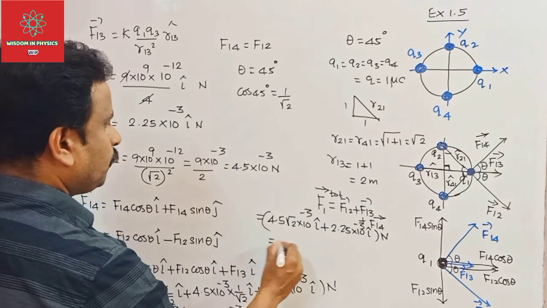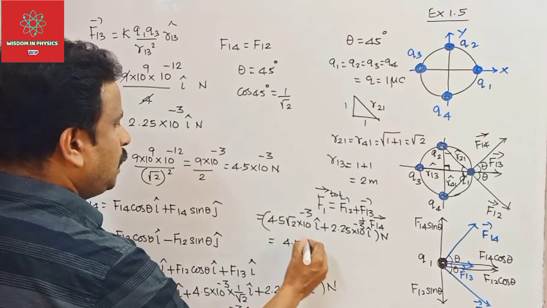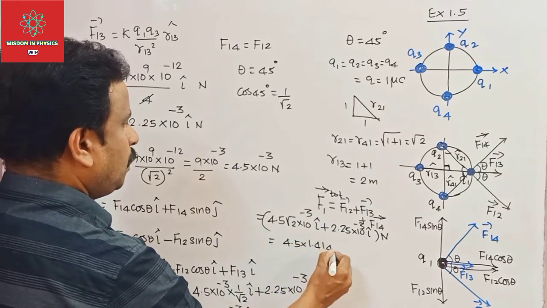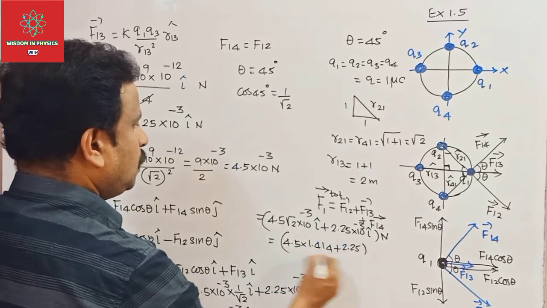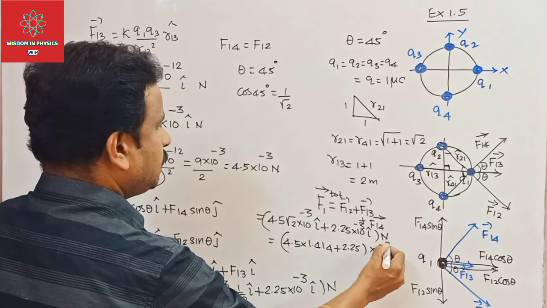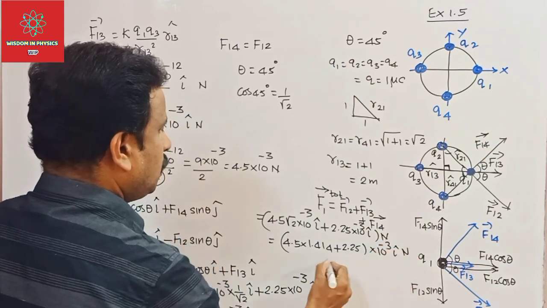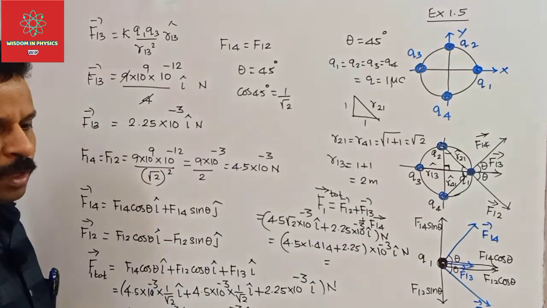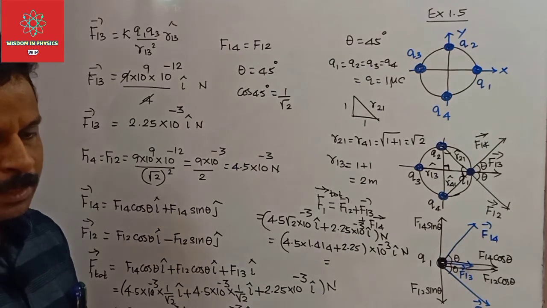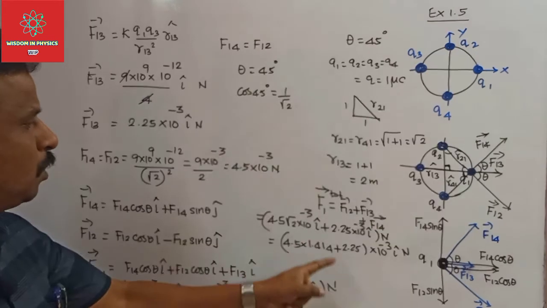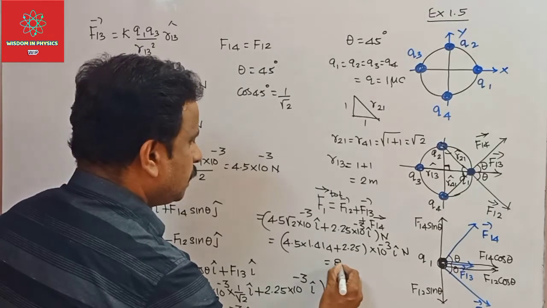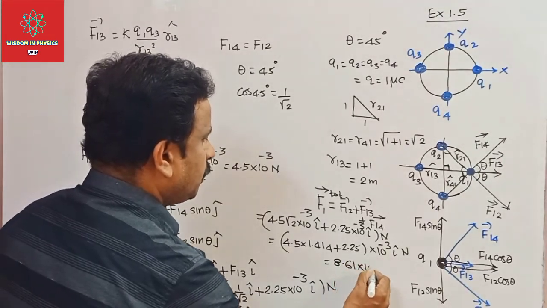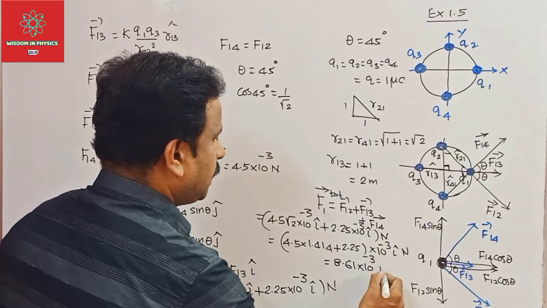Therefore 4.5 into root 2 is 1.414, plus 2.25, into 10 to the power of minus 3 I cap Newton. So you just multiply by 1.414 and then you add 2.25, you will get 8.61 into 10 to the power of minus 3 I cap Newton.